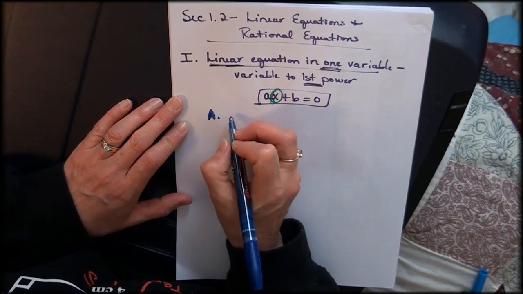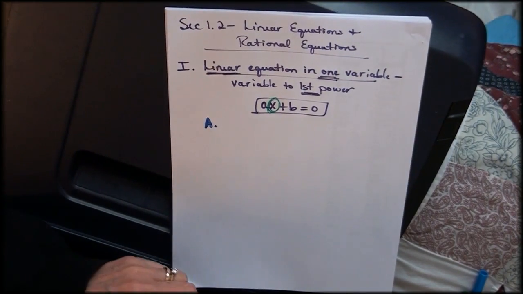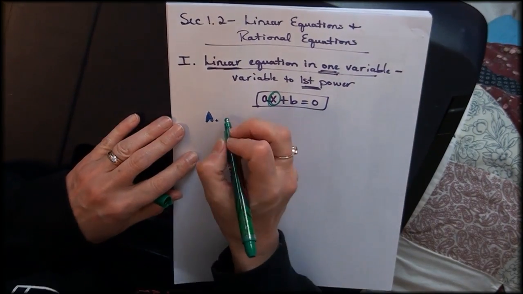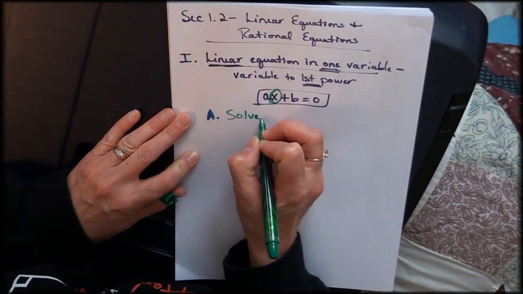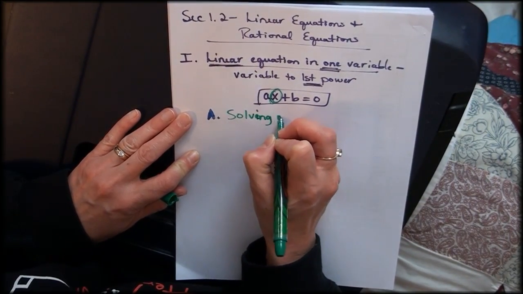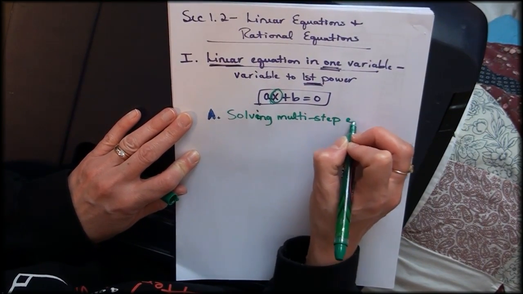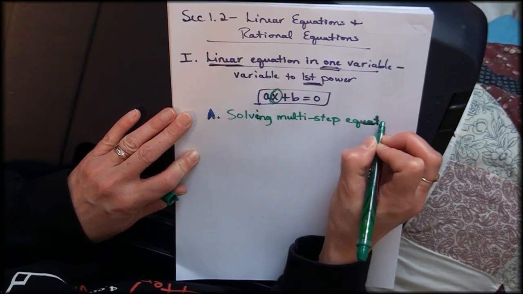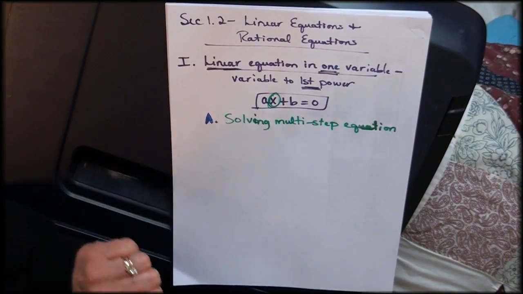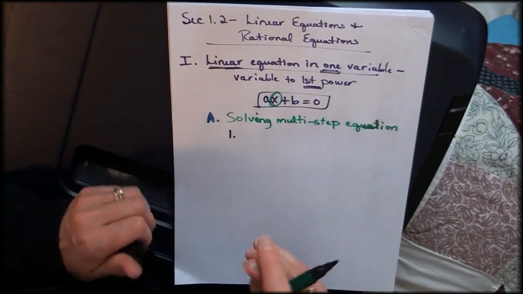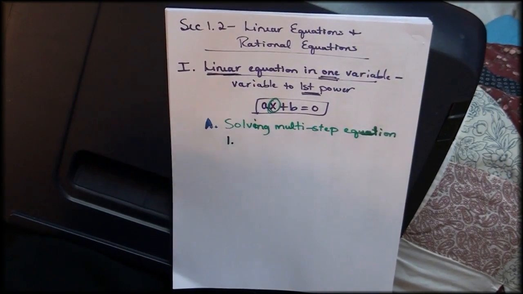And we're going to go right into it actually, and we're going to look at first how to solve a multi-step equation. And what happens with a multi-step equation is that the goal is to get the variable completely by itself.